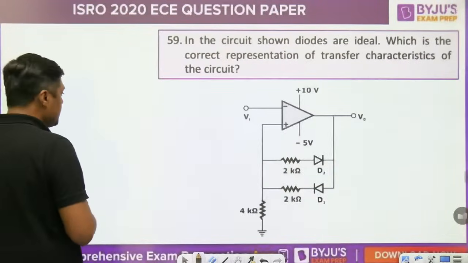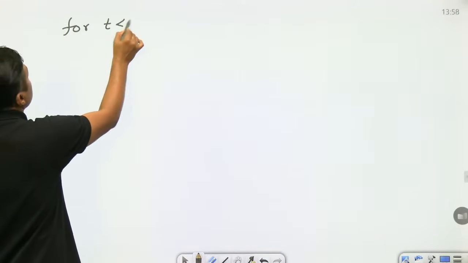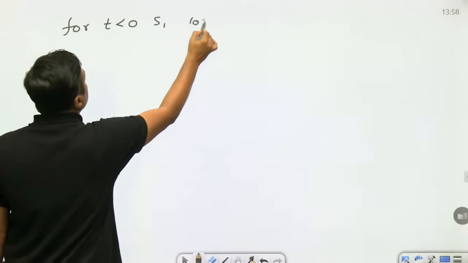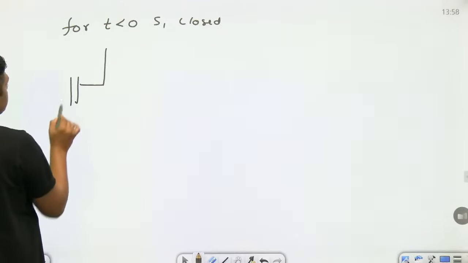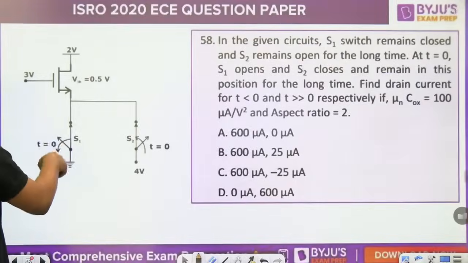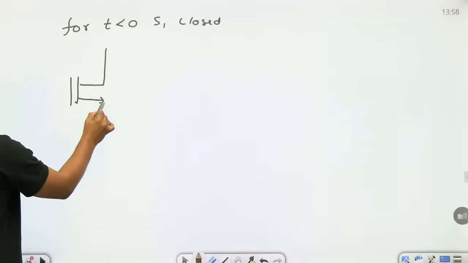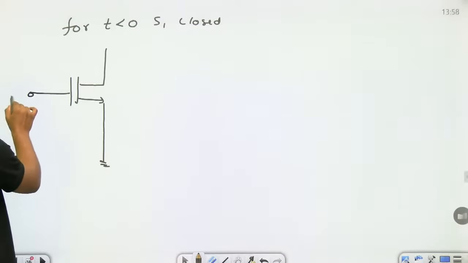So for t less than 0, we will solve this question. S1 is closed. Then this is the MOSFET. This is the 2 volt, it is closed, meaning it is connected to ground. What is the voltage given? 3 volt.